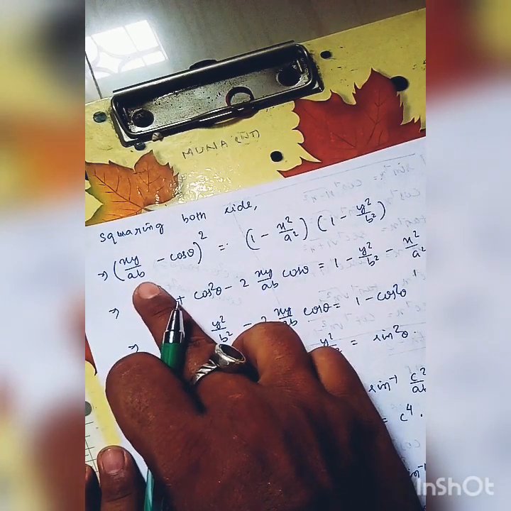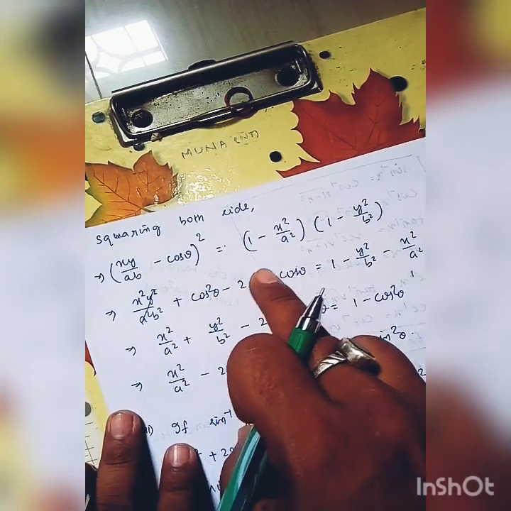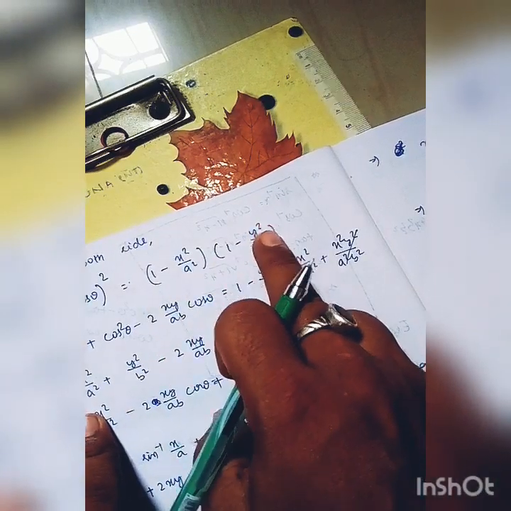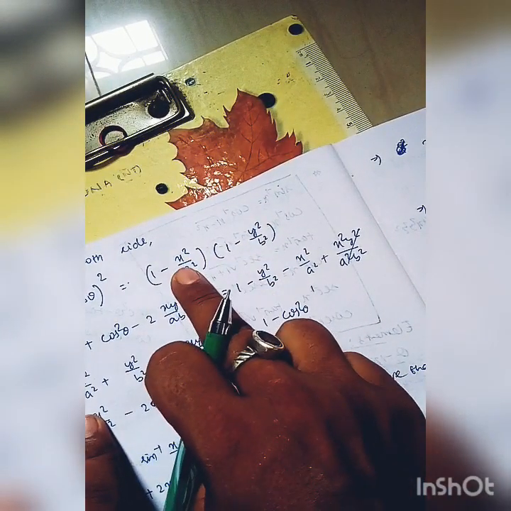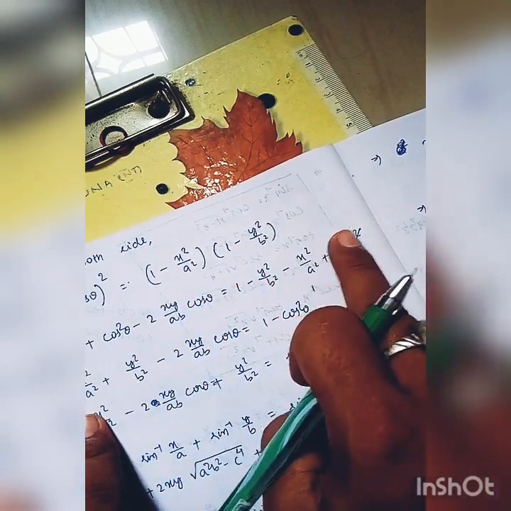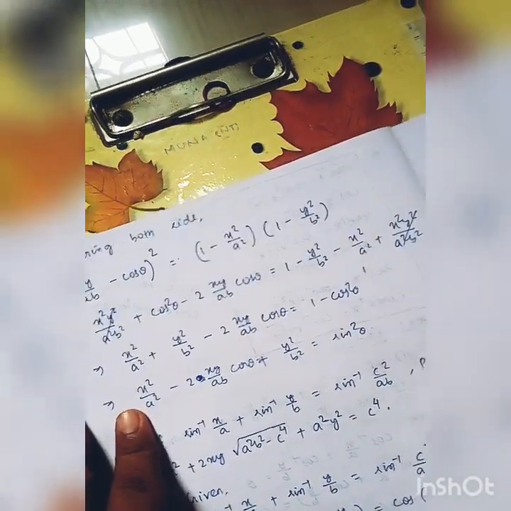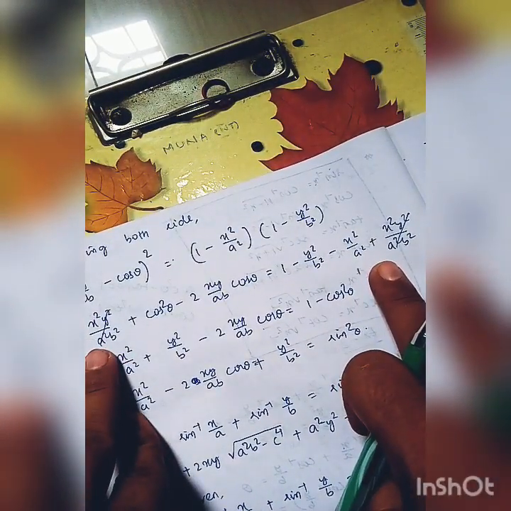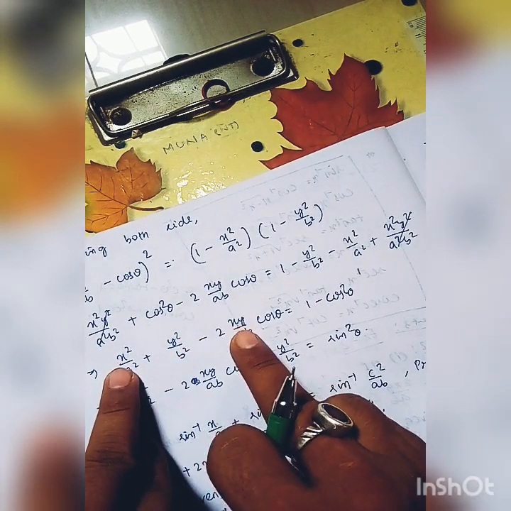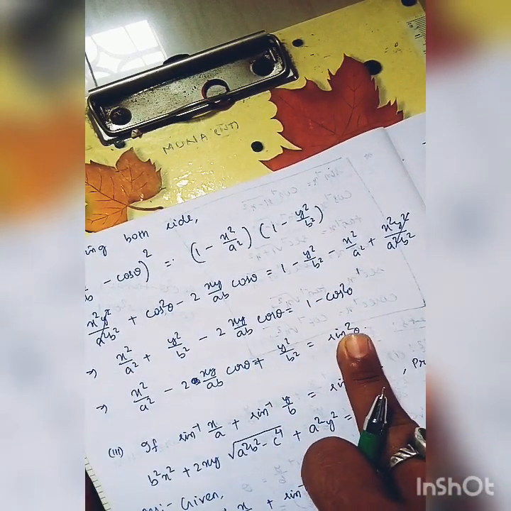Now square of this equals x square y square by a square b square plus cos square theta minus 2xy by ab cos theta. Now multiplying 1 into 1, 1 into y square by b square minus y square by b square minus x square by a square into 1, x square by a square plus, minus minus plus, that is x square y square by a square b square. Now cancelling on both sides these two terms, we can write x square by a square plus y square by b square minus 2xy by ab cos theta equal to 1 minus cos square theta, which is equal to sin square theta.